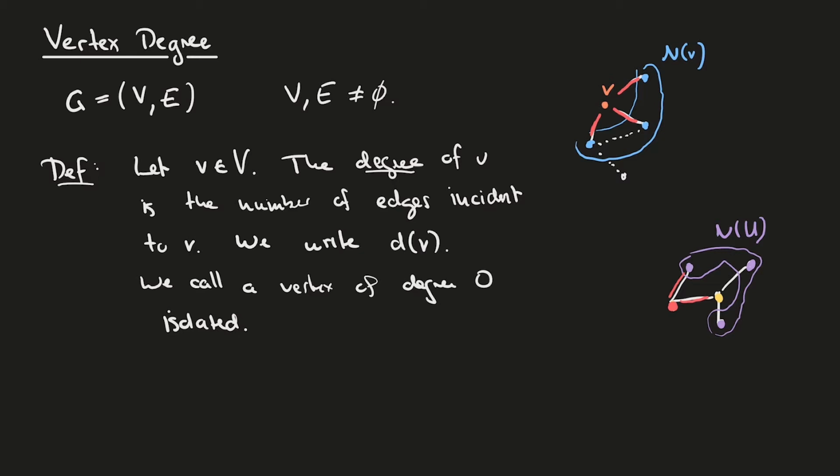Vertex degree is very much a local parameter since it only gives you information about a single vertex of the graph. However, we can turn this local parameter into a global one by looking at the minimum and maximum degrees over an entire graph.